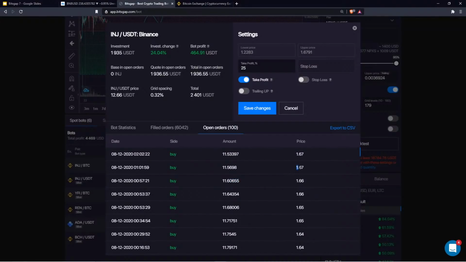And if the price is higher, then it's going to buy less of the crypto, of the base currency in this case, and if the price is lower, it's going to buy more of the base currency. If you multiply the amount by the price, you will find that the investment per each grid level is always the same in the S-bot.